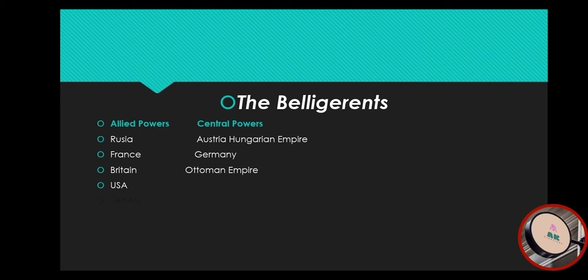So these are the Allied powers and Central powers. Here the first thing you have to know is the belligerents, the Allied and Central powers, the countries from each side.